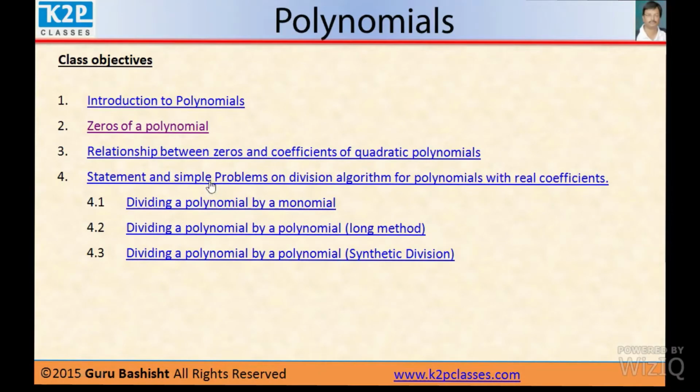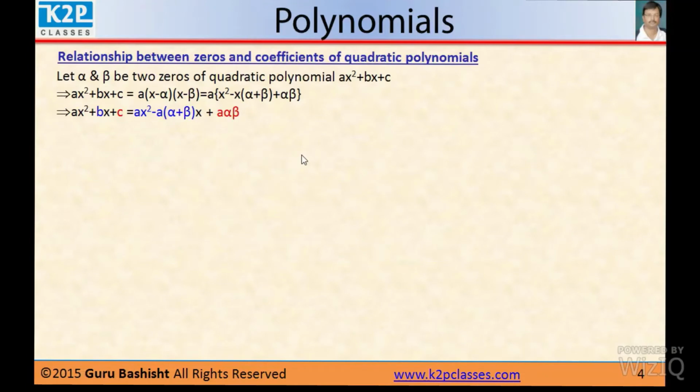Now, relationship between zeros and coefficient of quadratic polynomial. Let alpha and beta be two zeros of quadratic polynomial ax square plus bx plus c. That means if you put either alpha or beta in this expression, the value of the expression becomes 0.